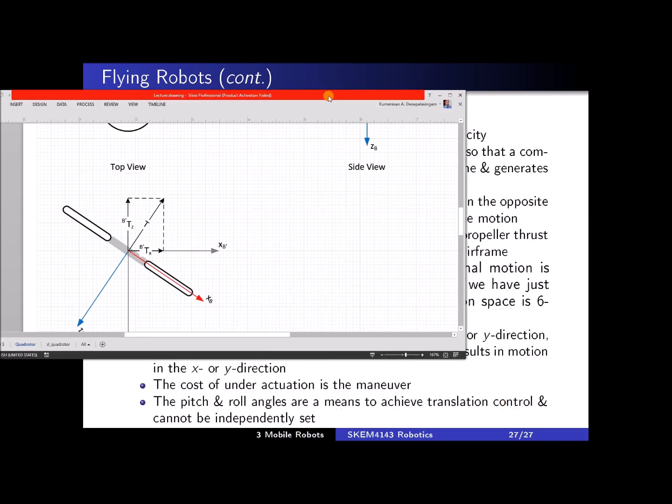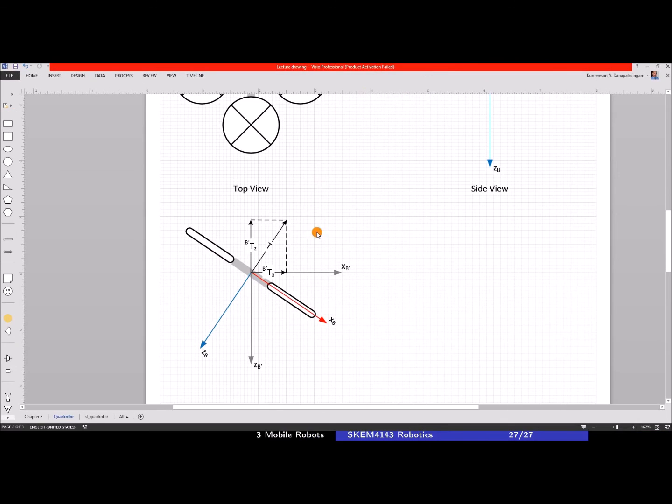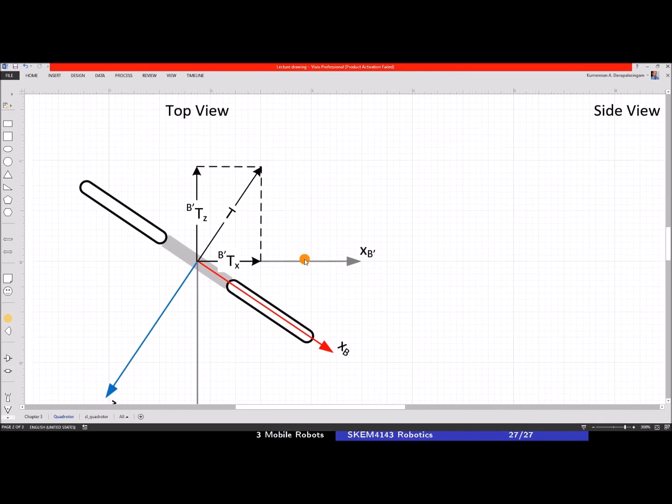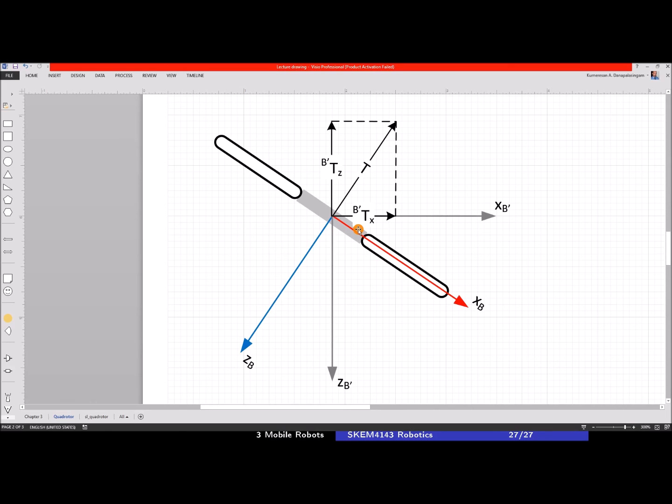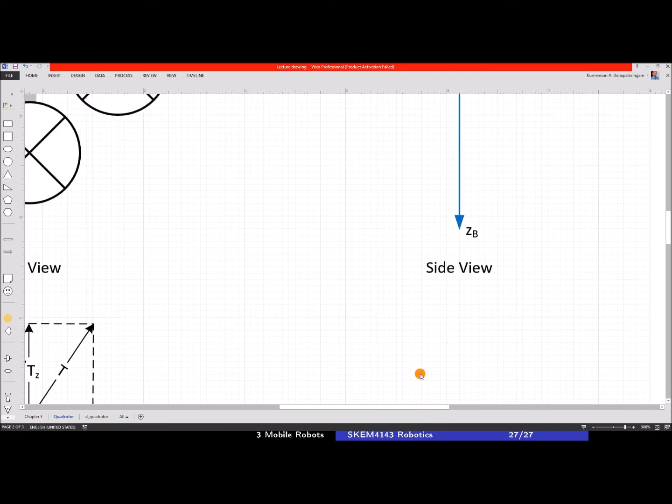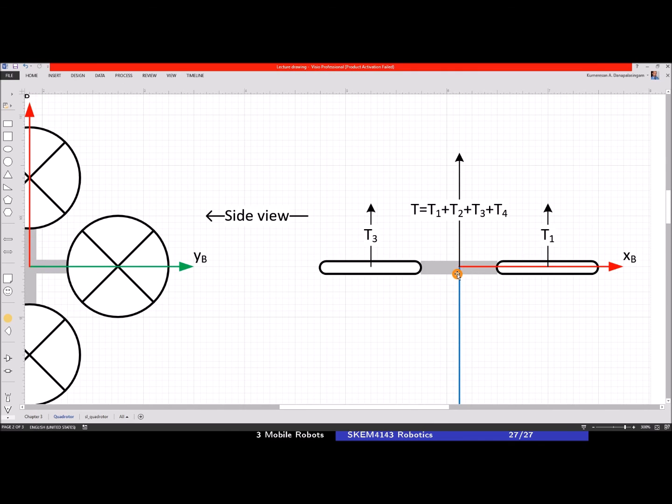So if we look at the simple diagram, in order to make the quadrotor move from one position to another, we have to tilt the quadrotor. We cannot just move it left and right without tilting it.